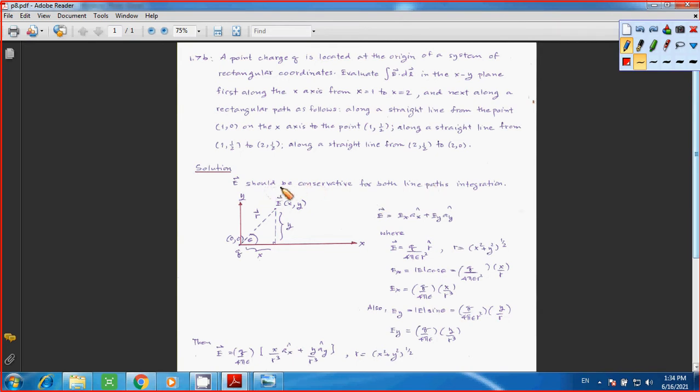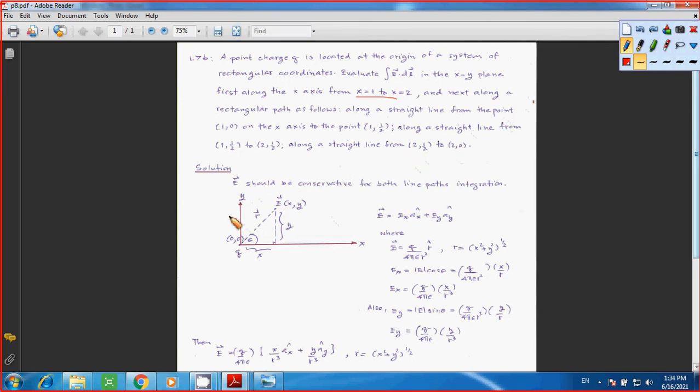That's why I wrote down here that the field should be conservative for both line path integrations. You compare two different paths: one straight line from x equal to 1 to x equal to 2, and the other where you take the path from (1, 0) and come back to the x-axis. That's going to be a longer path.